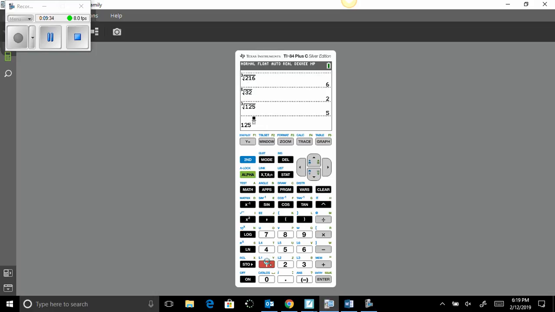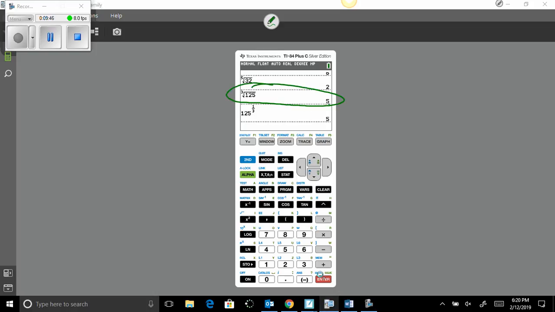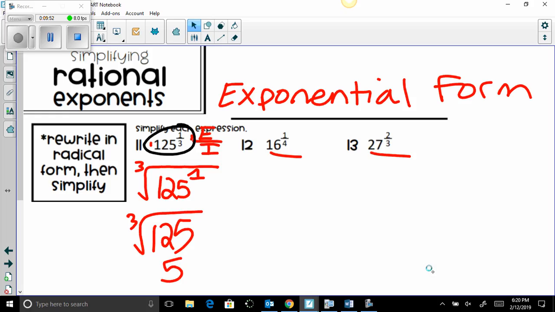And put the fraction that you have there, 1, and go down 3 and hit enter. I get the same exact thing. So notice, here is where I put it in radical form and I got 5, and here's where I put it in an exponential form and I got 5. So either way, the calculator can do it as long as you input it correctly.